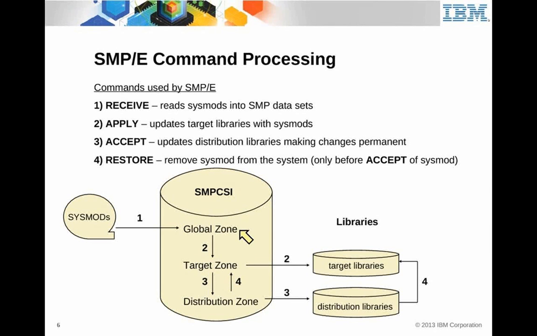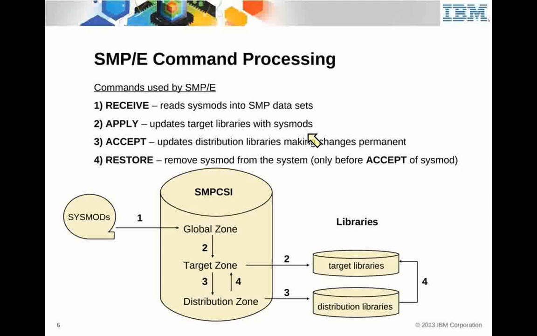After you receive it, because you could receive lots of things, when you do an apply, it takes it from the global zone. The target zone is the one really doing the apply, and those SYSMODs can be placed in a target library. Now, when you do the apply, the system's ready to do something.